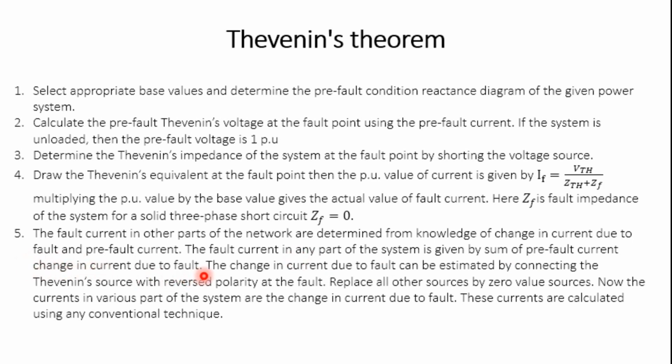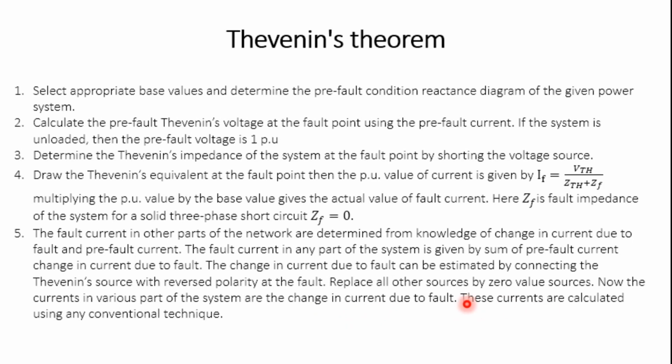The change in current due to the fault can be estimated by connecting the Thevenin source with reversed polarity at the fault, and replacing all other sources by zero value sources. Now the currents in various parts of the system are the changes in current due to the fault.